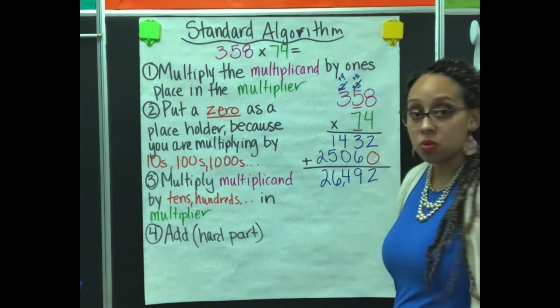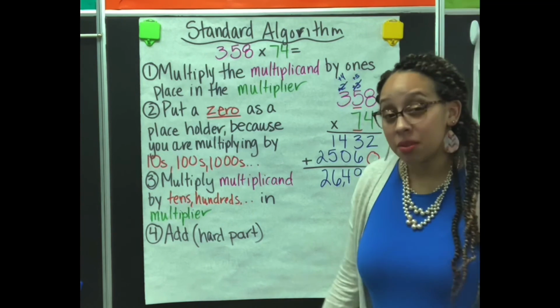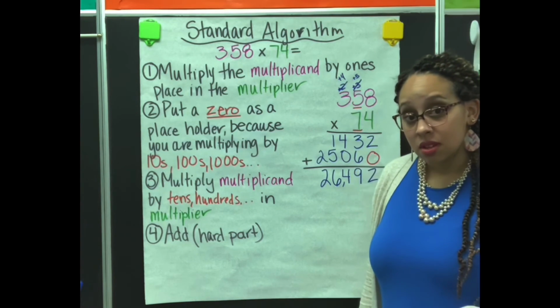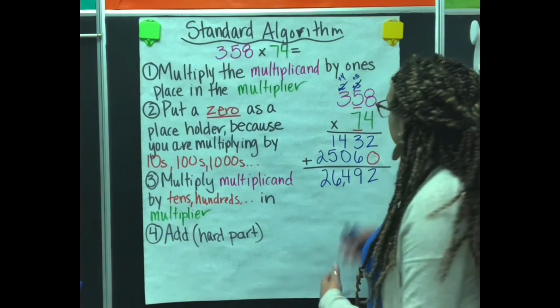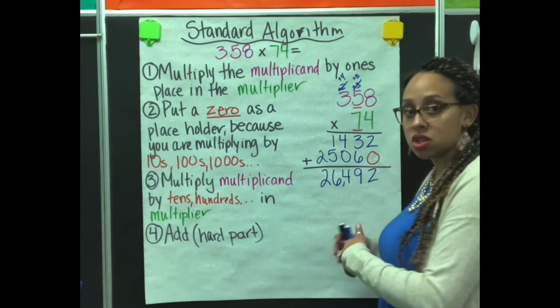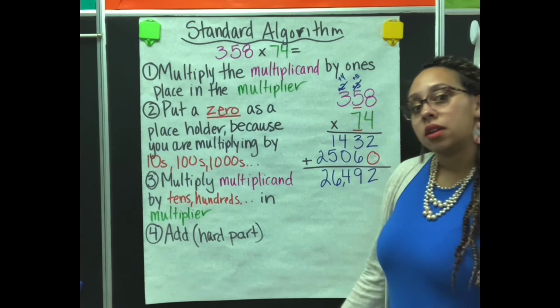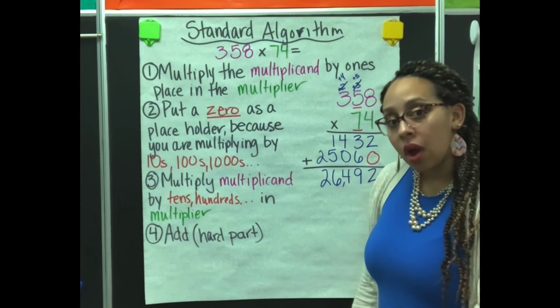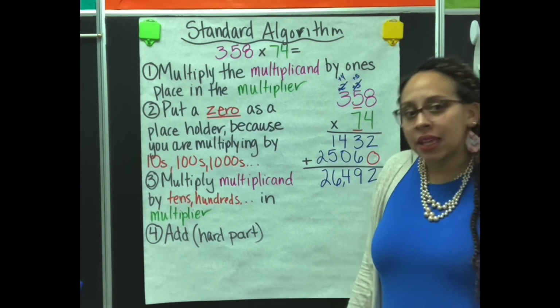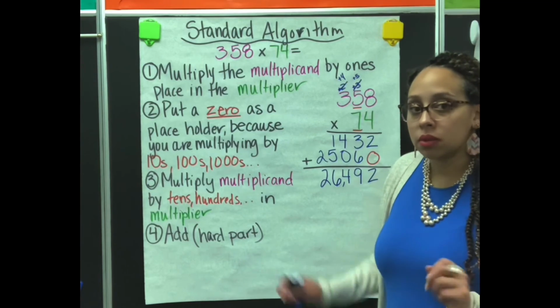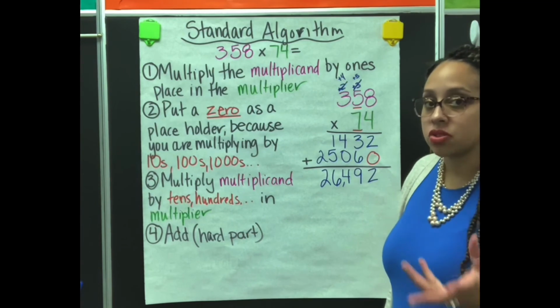This is close to 28,000. So is our answer reasonable? Yes. Okay, so if you multiply a 3-digit by a 2-digit and you don't get a 5-digit number, something is going wrong. Okay, so you always have to be thinking. You don't just do the math and go blah, whatever. You have to be thinking, is my answer reasonable?